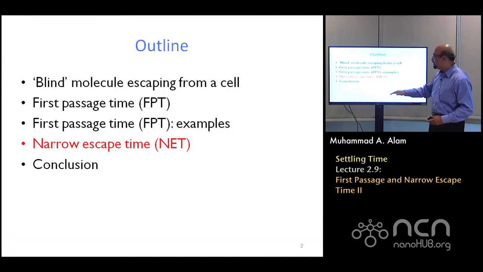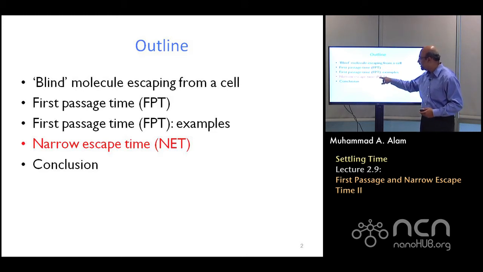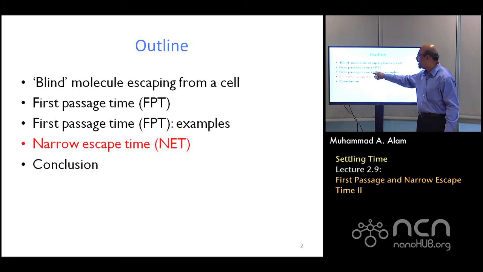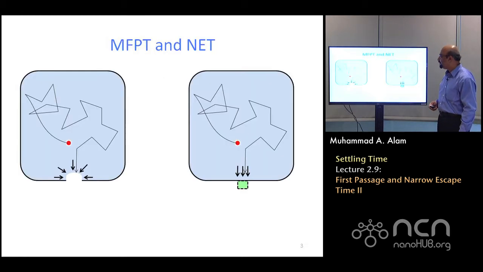So let's talk about narrow escape time. Often it is called an NET, narrow escape time. You will see it referred to, and that is different from first passage time, or MFPT, which is mean first passage time.